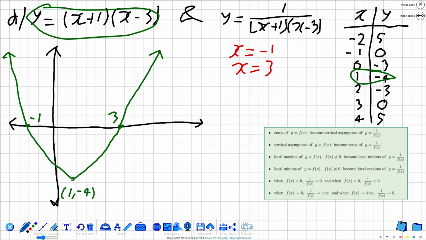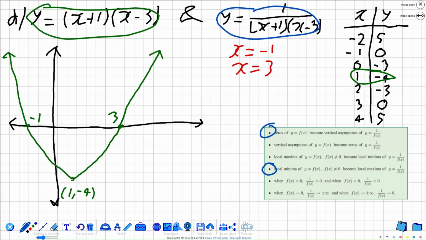Alright, so now we've got to find the reciprocal one. We know that we have 2 different zeros, so they're going to become vertical asymptotes. We don't have any vertical asymptotes on here. We have a local minimum, and both of these will help us graph this. So to start off with, I reckon we draw the asymptotes.